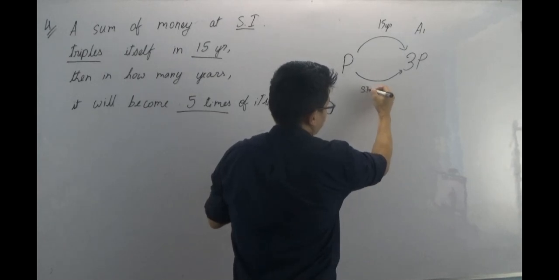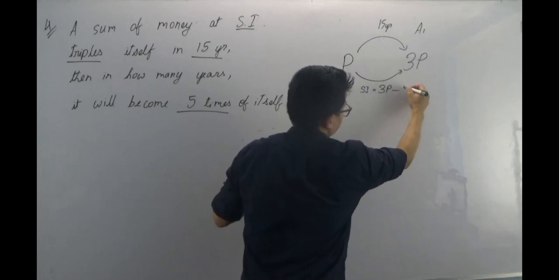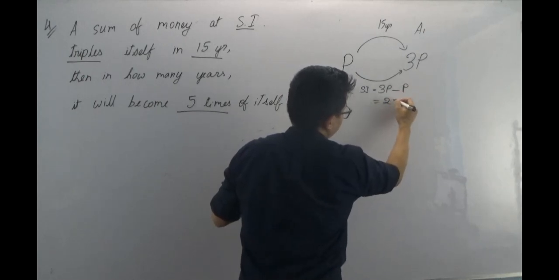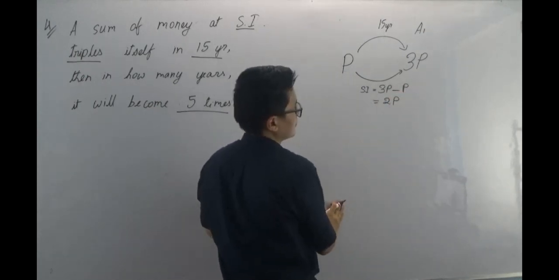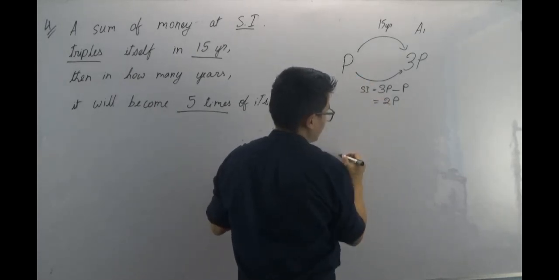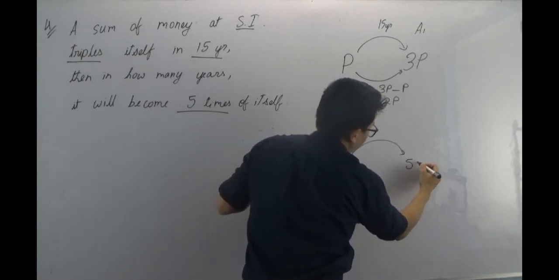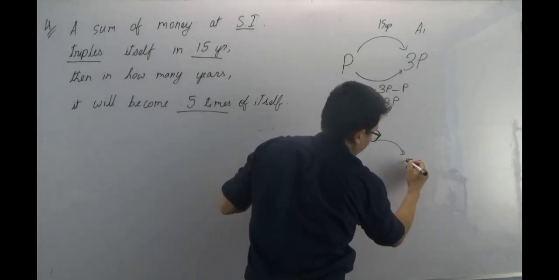Simple interest: the amount 3P minus the principal is 2P. In the second case, the amount is 5P.